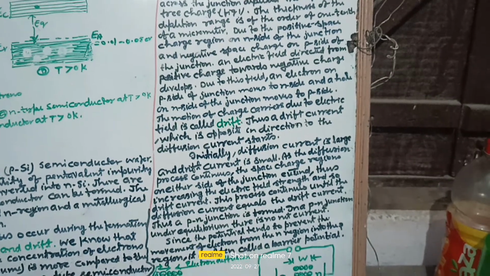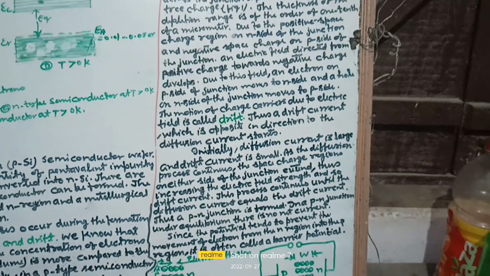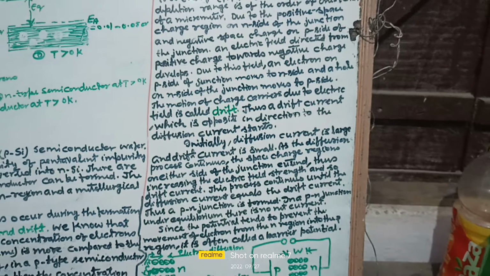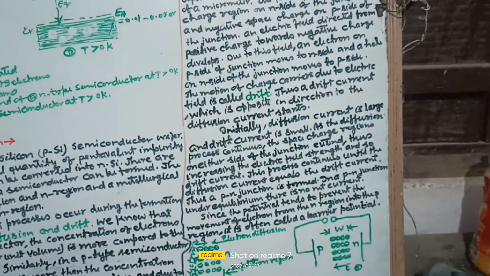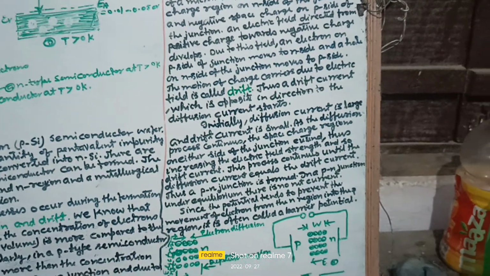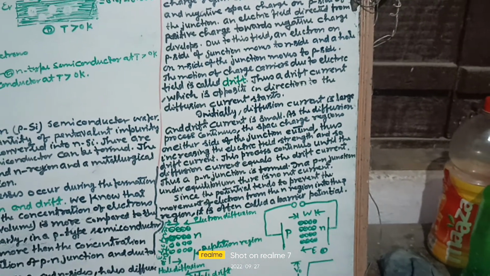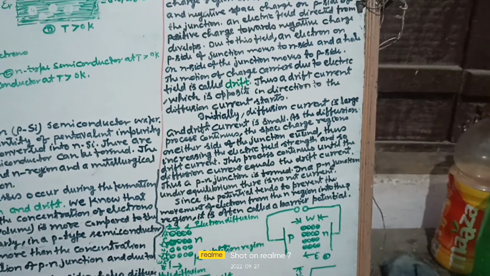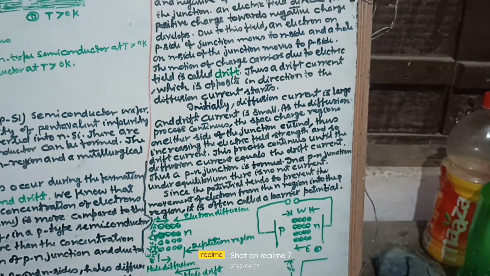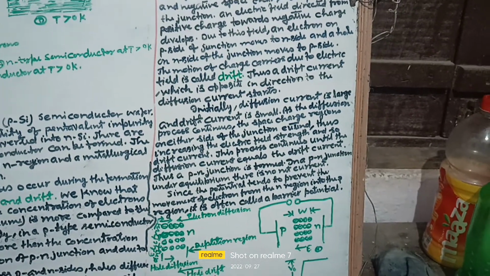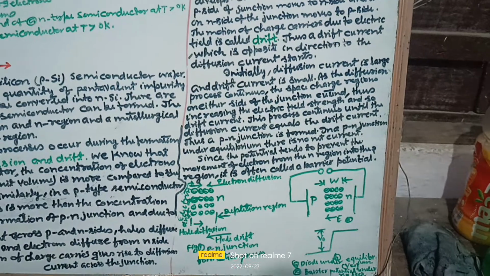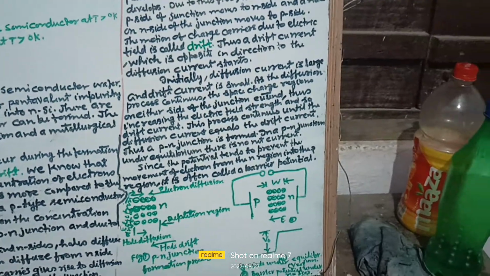This process continues until the diffusion current equals the drift current. Thus, a p-n junction is formed. In a p-n junction under equilibrium, there is no net current. Since the potential tends to prevent the movement of electrons from the n region into the p region, it is often called a barrier potential, as shown in figure 1 and figures A and B.